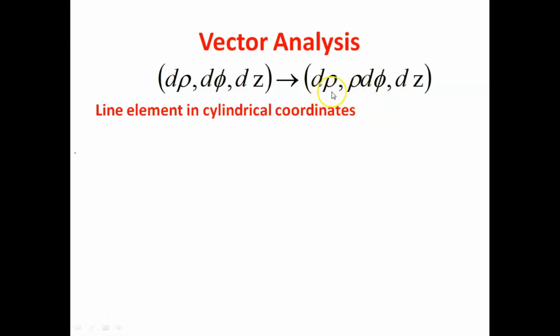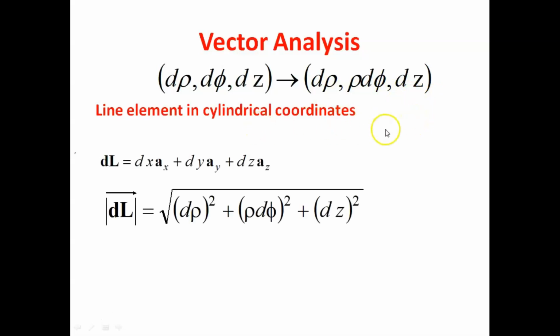So d rho, rho d phi and dz are three length elements in cylindrical coordinate systems. You can find it similar to dx, dy, dz, and then the magnitude of length dl will be under root of dx square plus dy square plus dz square.